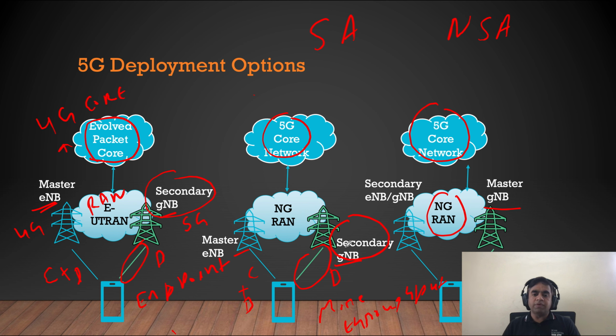Here, the G node B was secondary, if you see. So your master is G node B. So now the 5G network has started taking over. And then you have a secondary E node B or a G node B, which is serving that endpoint. So your endpoint still has these two connections. Now the control plane is also shifted to the master G node B.